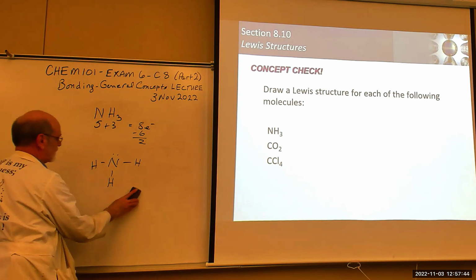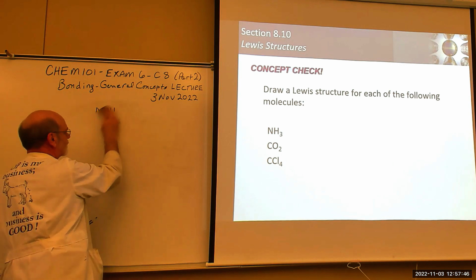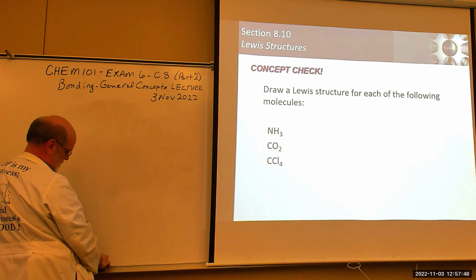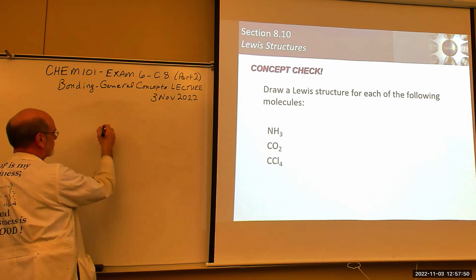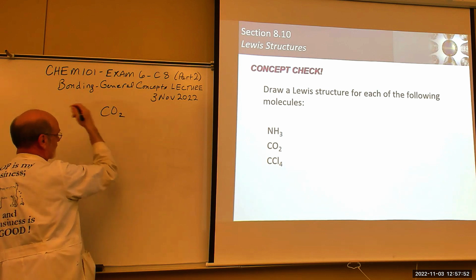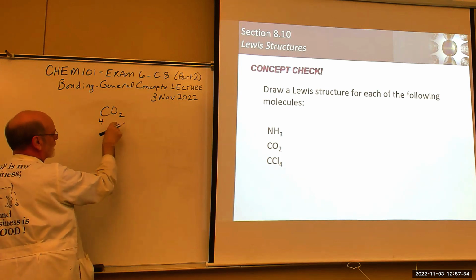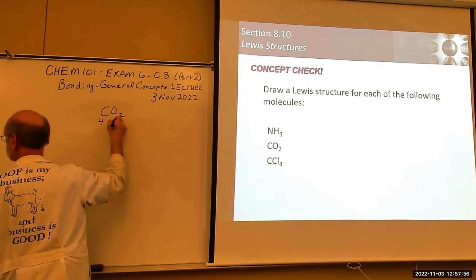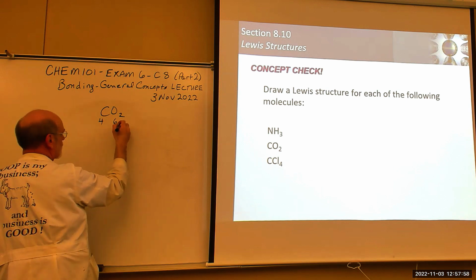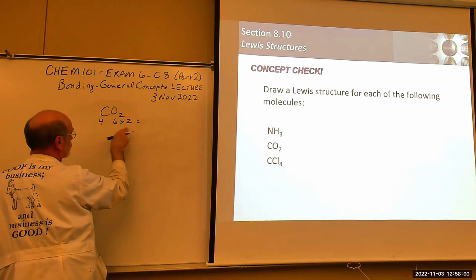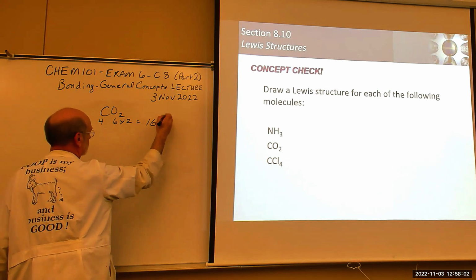How about carbon dioxide? Right. Carbon has 4, oxygen has 6 each. Yeah, 6 times 2, which would be 12 plus 4, 16.